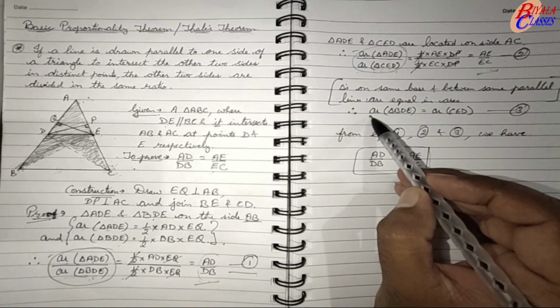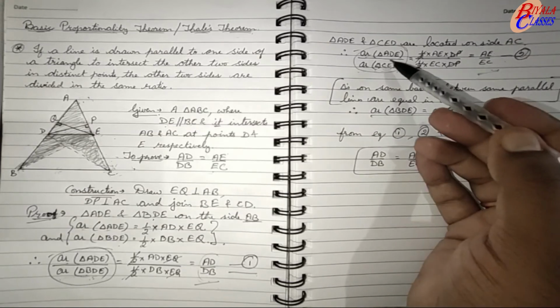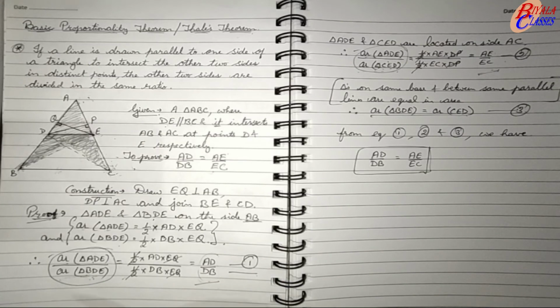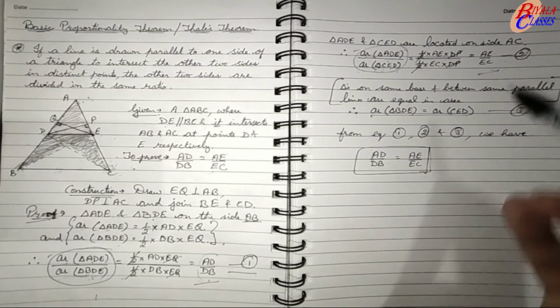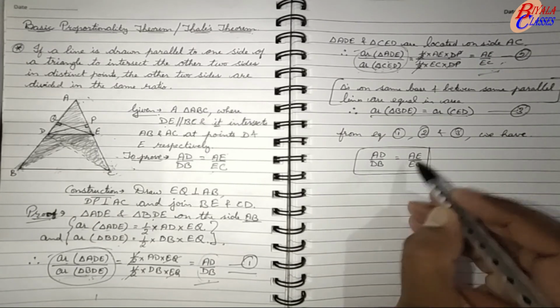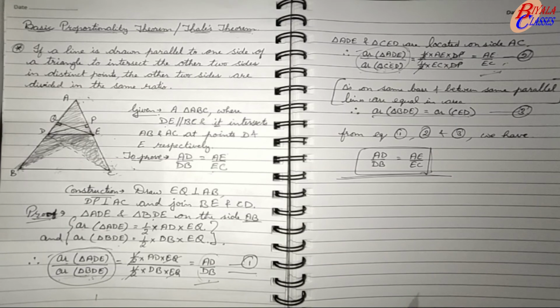Why? Because the area of triangle BDE is equal to the area of triangle CED. Hence, the left hand sides of these two equations become equal, and if left hand sides are equal, then the right hand sides are also equal. So this is the result which is needed, and this is what we get. So this is about the basic proportionality theorem, which is also known as Thales theorem.